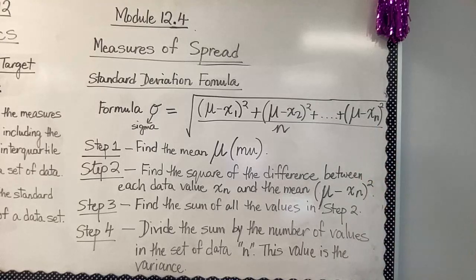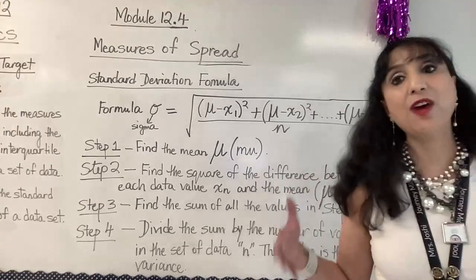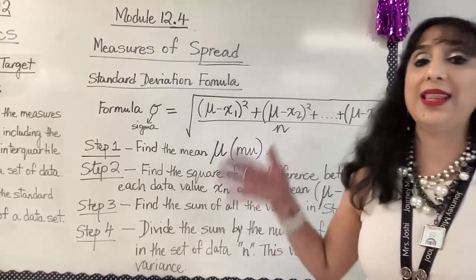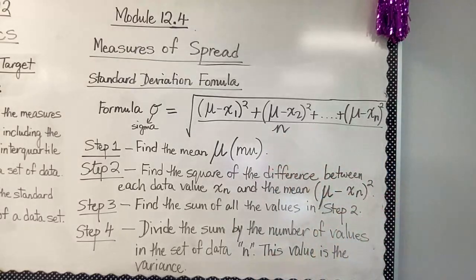A majority of the data in a set, approximately 2/3, is contained within one standard deviation below and above the mean. So if two data sets have the same mean, but one has a greater standard deviation, then the data in that set is more spread out from the mean. So we're just trying to see how far it is from the mean, and that's what standard deviation is.